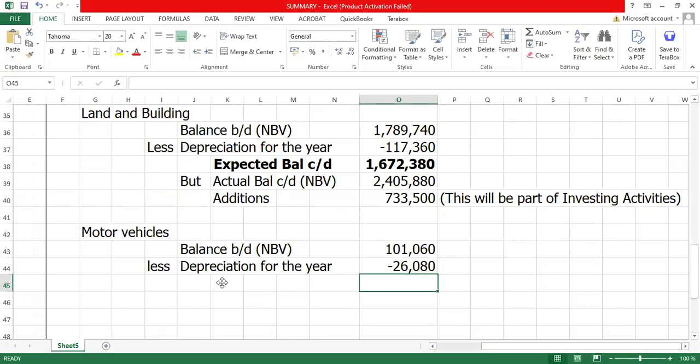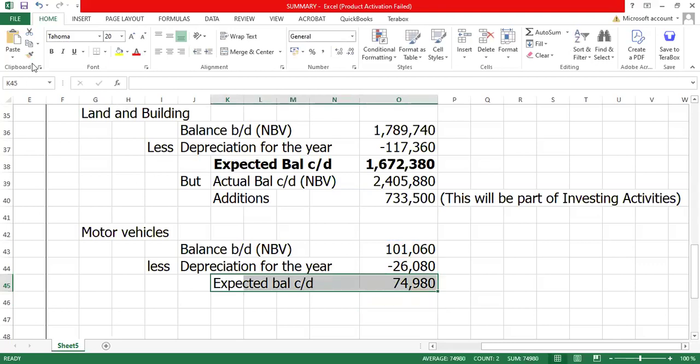Colleagues, here you don't have the revaluation loss, and you don't have any vehicle that was disposed of, so you can simply get the expected balance carried down, and that is how much you get the difference. This one minus this. That's what I have.